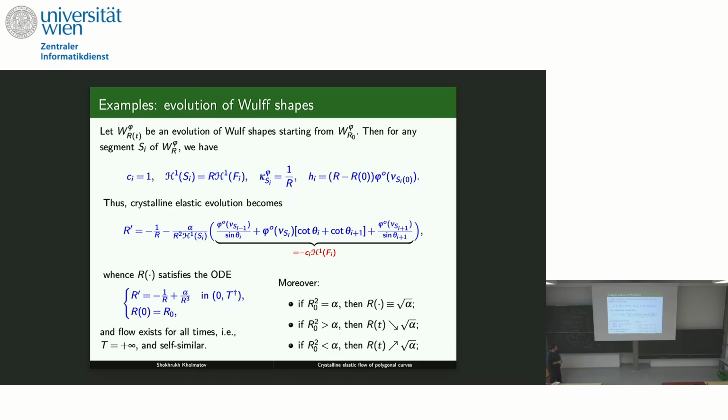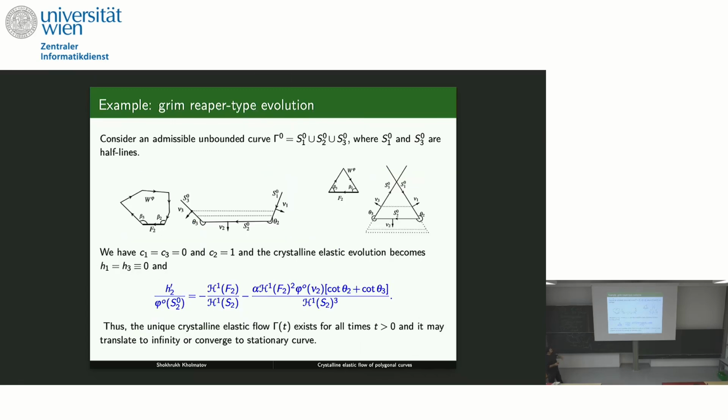Another interesting observation is related to Grim-Reaper type evolution. So this is sort of translations. Suppose that my wool shape is this, and I consider evolution starting from an unbounded curve of this form. So here the angles are theta 2 and theta 3, exactly like this, let's say, so that the cotangents are both positive.